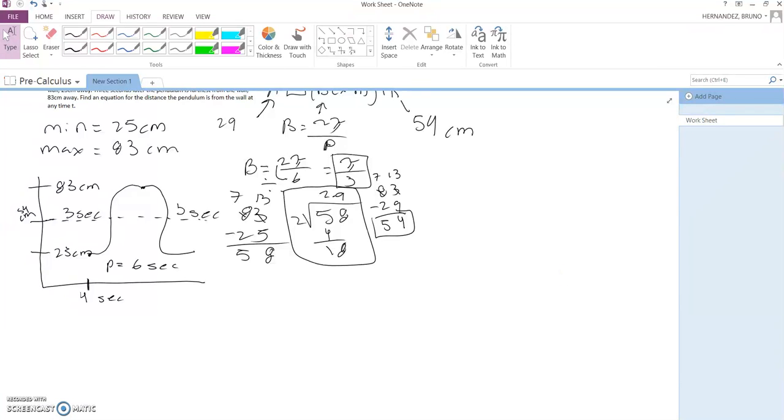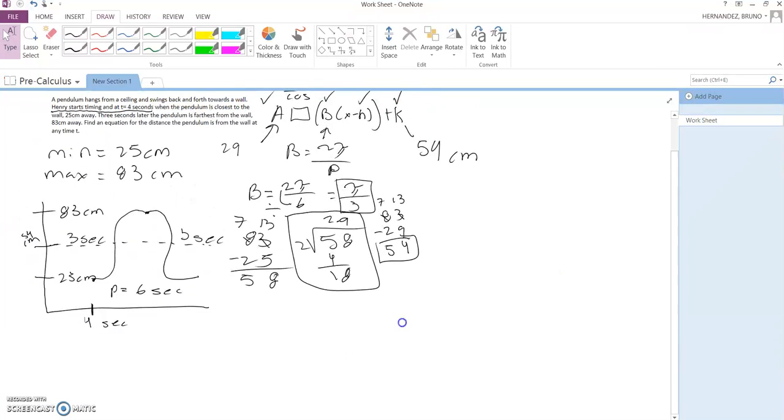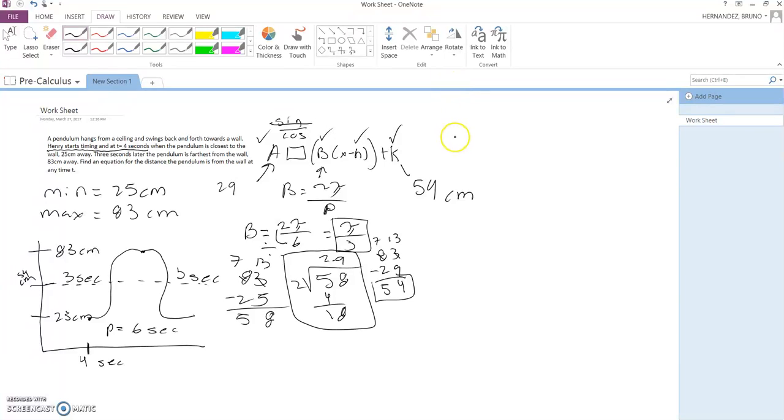Now we can write down our equation. Since it's going up, I would do a negative 29 cosine, parentheses. And remember, if you are doing it in the calculator, you have to put the parentheses, because it has to be separated from x minus h.